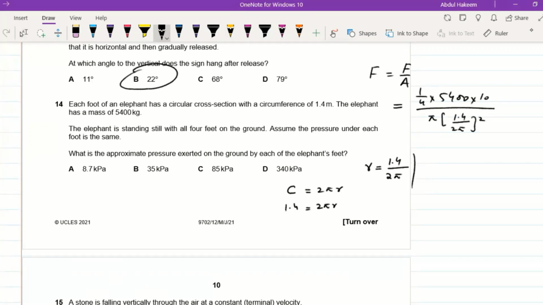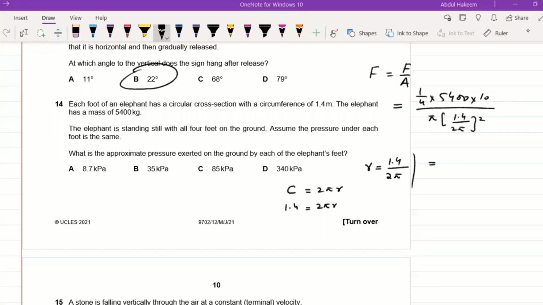So after the calculation, okay, the answer is coming 85,000 Pascal. So C is the answer.